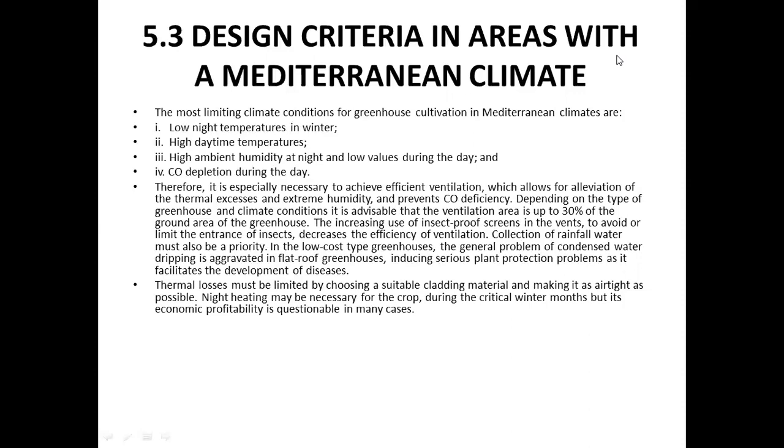Also, thermal losses must be limited by choosing suitable cladding material. So the heat losses should be avoided using suitable material, and also night heating should be done for the crop as there are very critical winter months, but it may not be economical, so it must be looked into. Okay, then we'll go further.